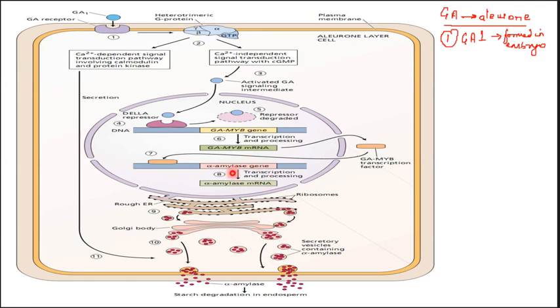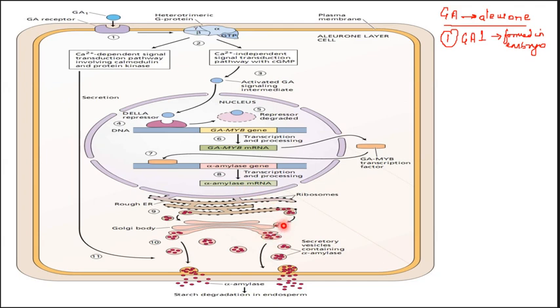These alpha amylase and other hydrolases are synthesized on rough ER, instead of in the cytoplasm.